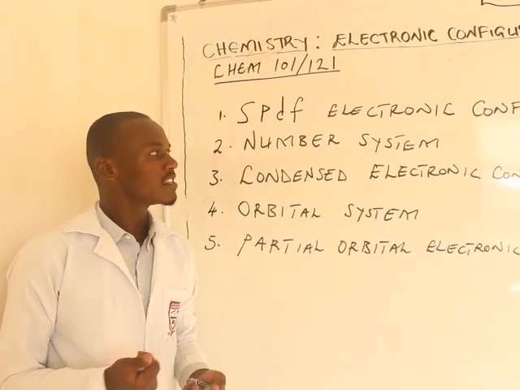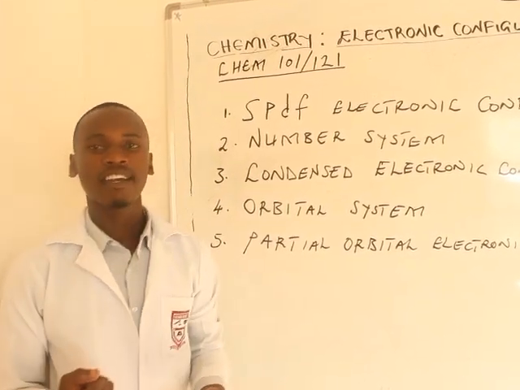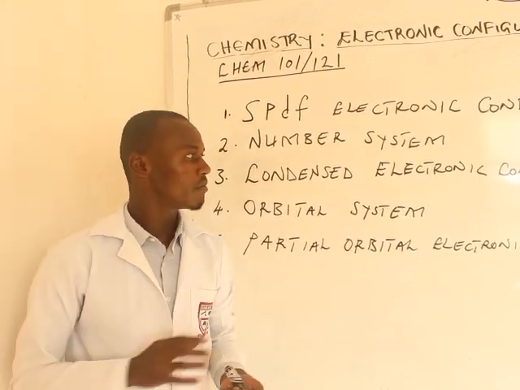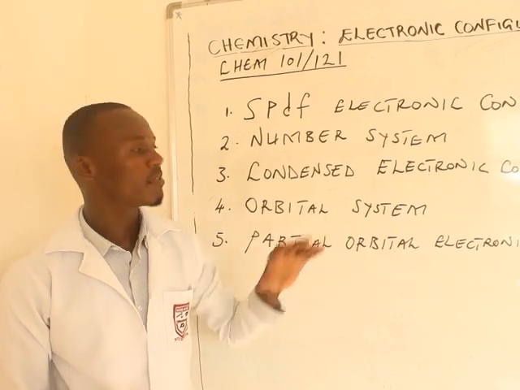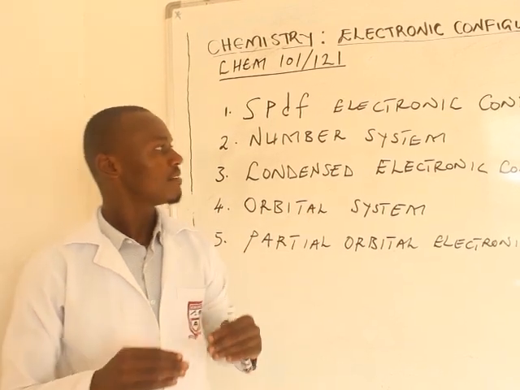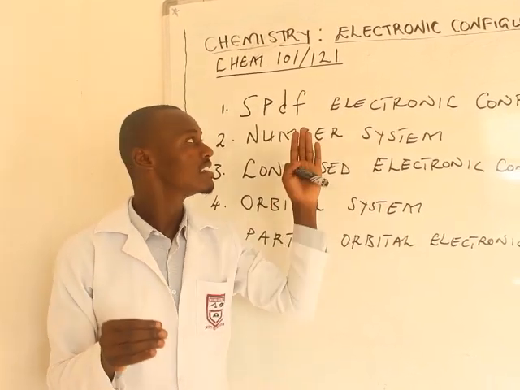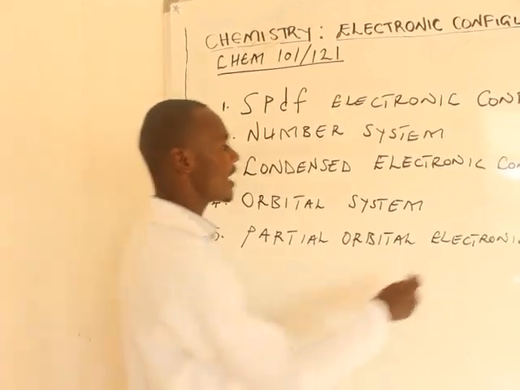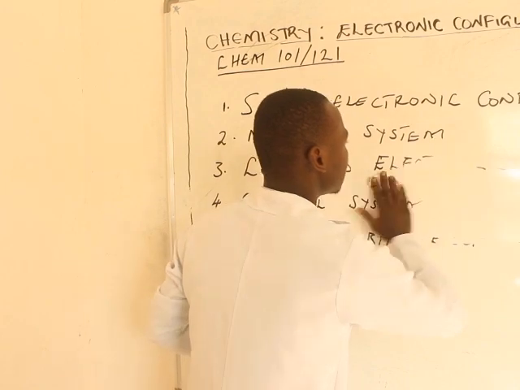Since we are dealing with electronic configuration, we can't ignore the periodic table, because we'll be using the elements from the periodic table. So I have to give some insights before I go into details on electronic configuration. I want to highlight some items on the periodic table.